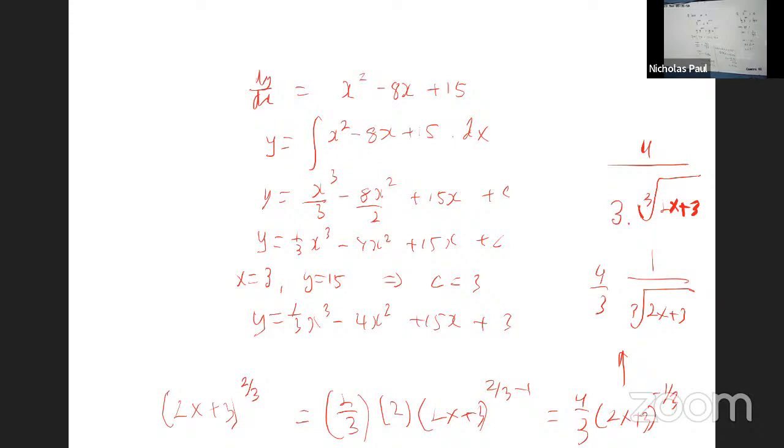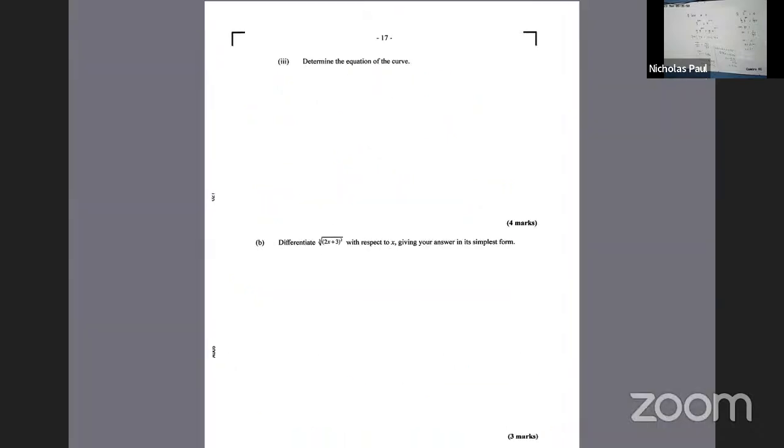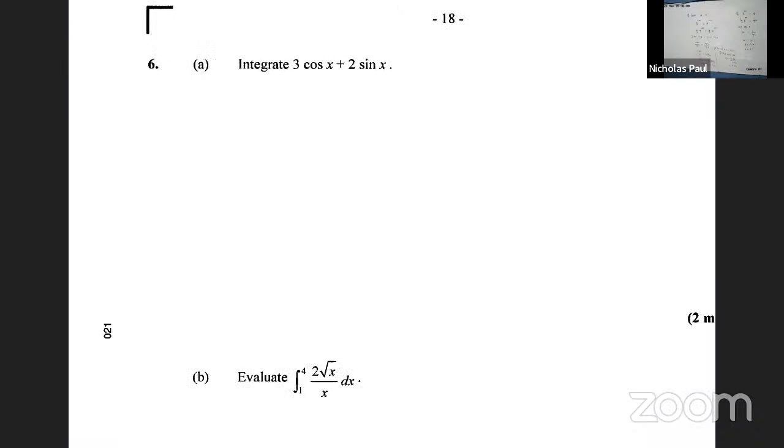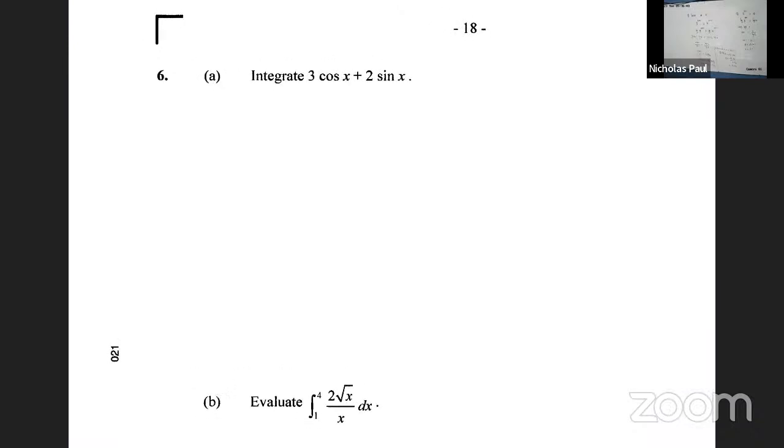Right, let's go again. Can't take too long. So that was the differentiation part. Integrate this fast. Integrate that quickly.